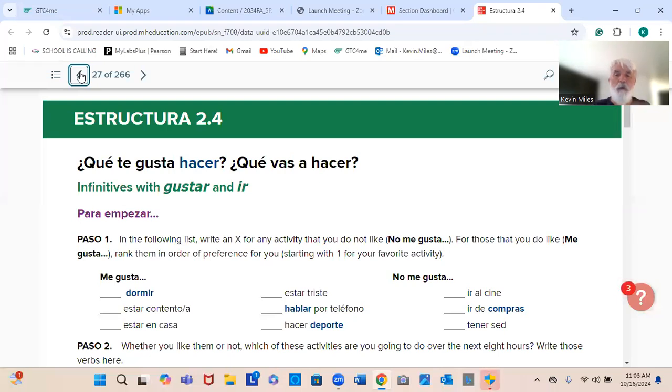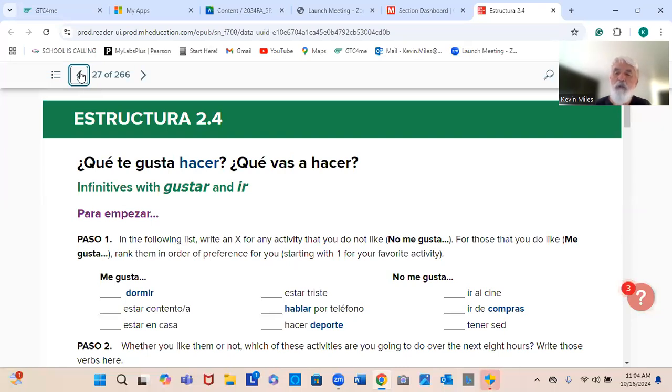And finally, talk a little bit about what you like to do and maybe what your friend likes to do, okay? Me gusta estudiar. Mi amiga le gusta dormir. My friend likes to sleep. So be able to describe things.